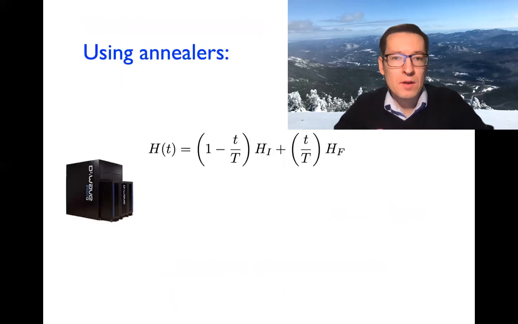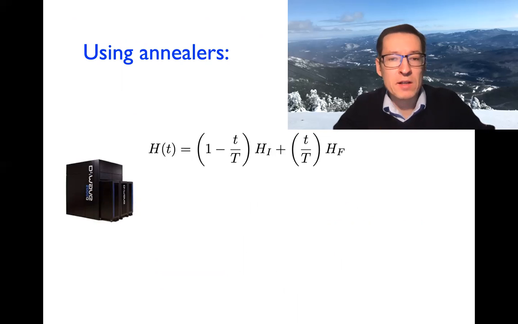All right, now what do annealers really do? This is a somewhat different technology than gate computing, but without any constraints, it can be shown to be equivalent. And of course, real architectures have some constraints.